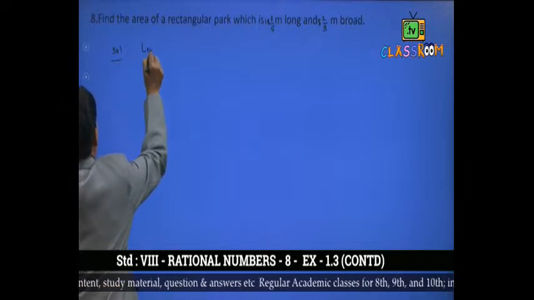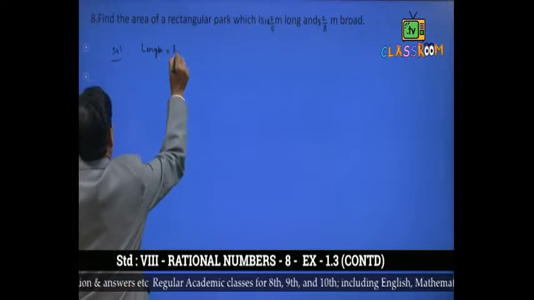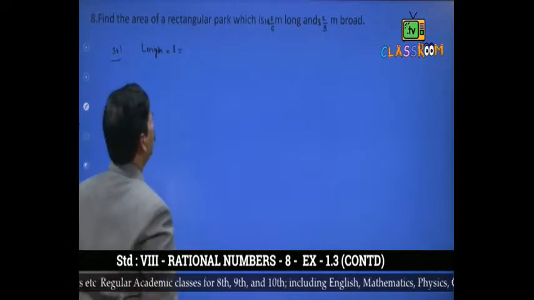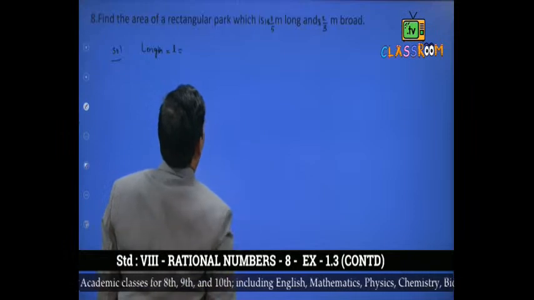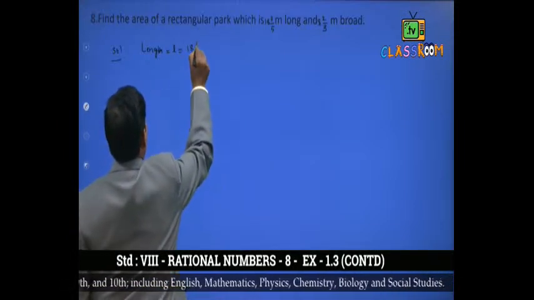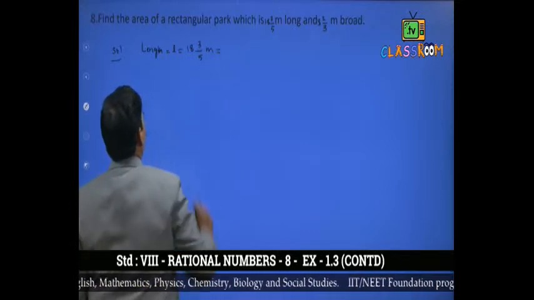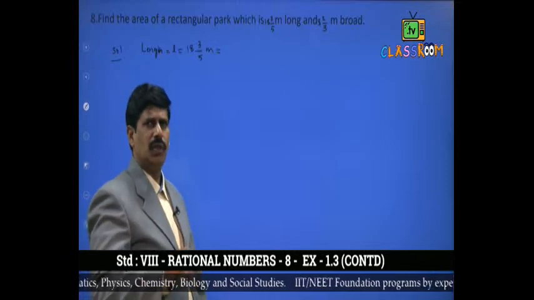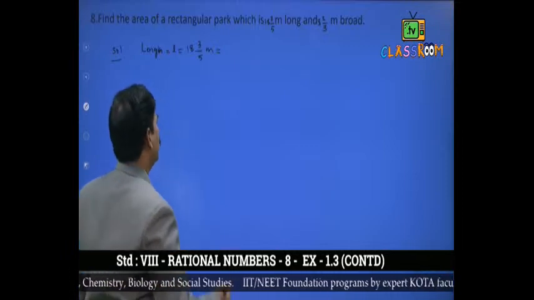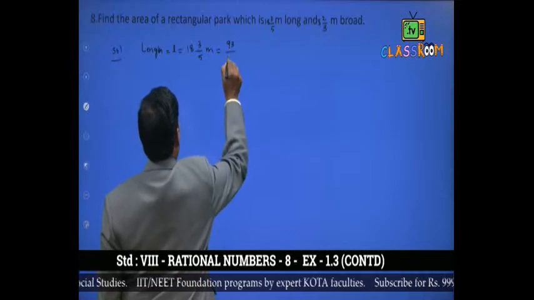Length, take it as L. The length is given as 18 3 by 5 meters. You convert this mixed fraction into an improper fraction. So 18 5s are 90, 90 plus 3, 93 by 5 meters.